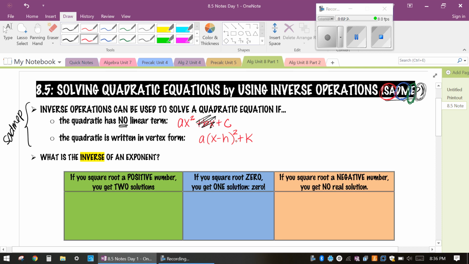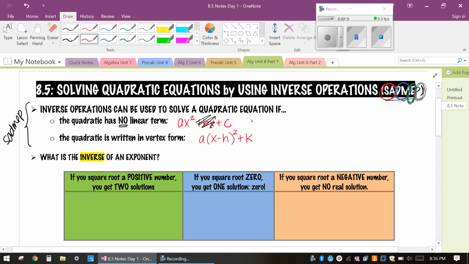Vertex form allows you to use SADMEP as well. So it's super, super important that you understand that SADMEP can only be used if there's no linear term in your quadratic when it's written in standard form.